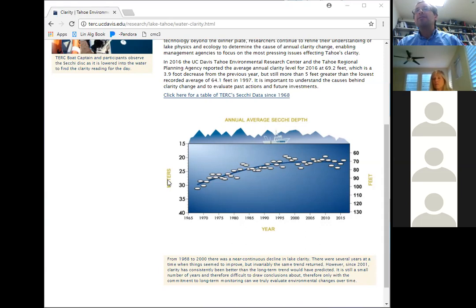Negative because you have a negative slope, and 0.8 being close to 1 means that it's a pretty good fit to the line. I'm not going to get into all the mathematical details on what it means to be a good fit to the line, other than if you see the R value is close to 1 or close to negative 1, then you know you have a good fit.